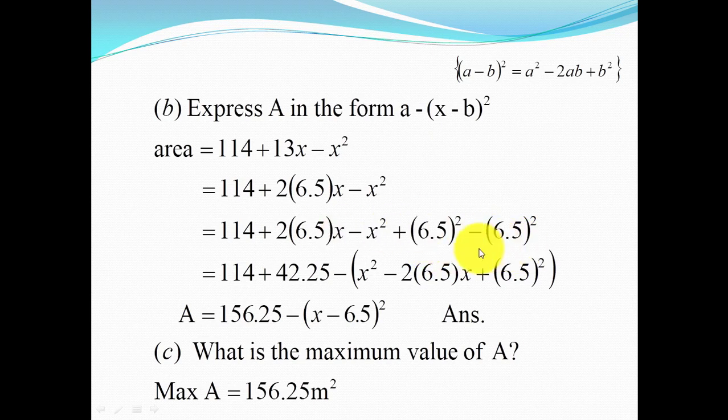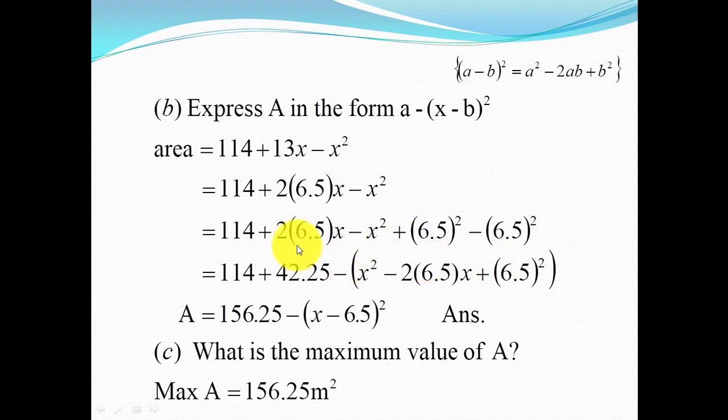You can see easily that this plus this minus this cancel each other, and the expression remains the same. It does not affect the above expression, so we can add and subtract at the same time. The next expression will remain the same.